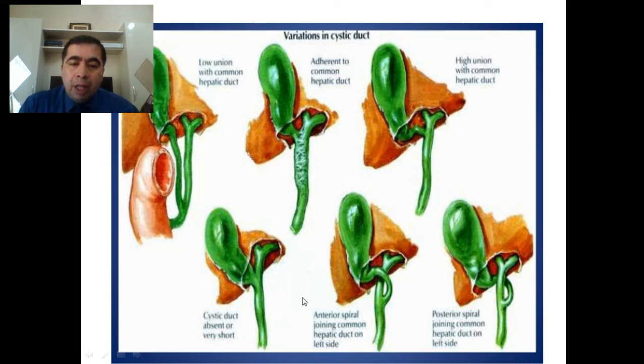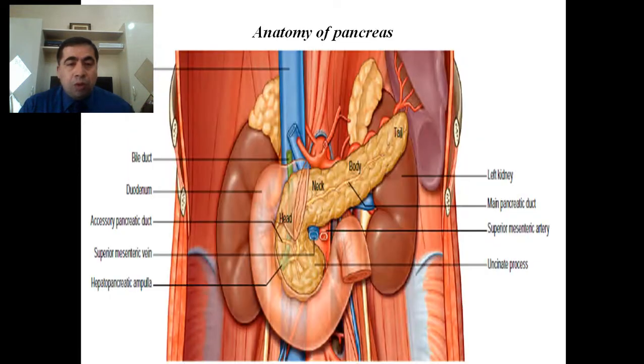The cystic duct in this case is absent or very short. Also there is anterior spiral joining of the common hepatic duct on the left side, and posterior spiral joining of the common hepatic duct on the left side also.